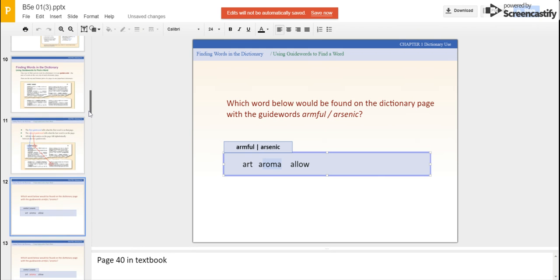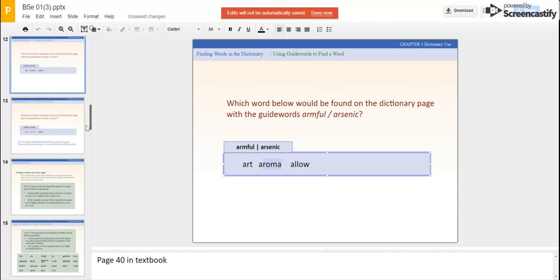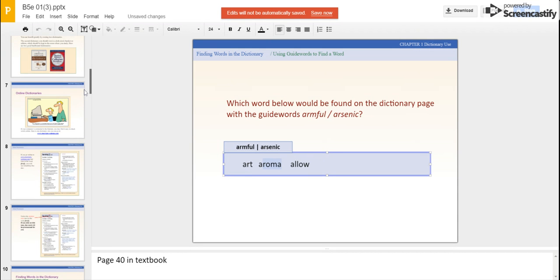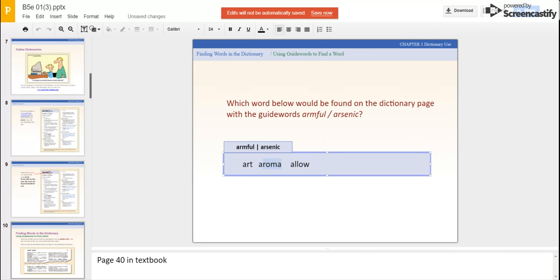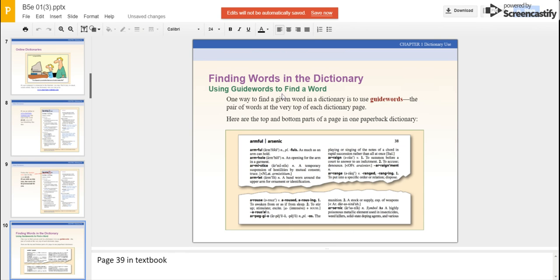Does that make a little bit of sense? I hope so. Basically all that guide words are is these two words, a pair of words, at the very top of the page, telling you what the first word on the page is and what the last word on the page is.